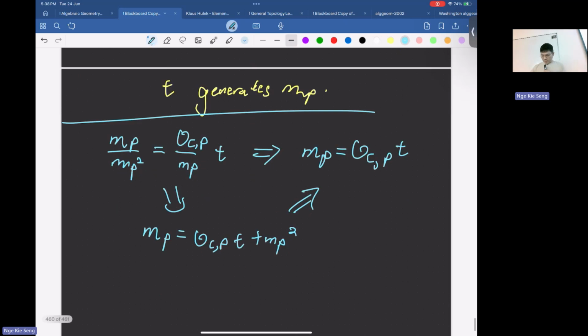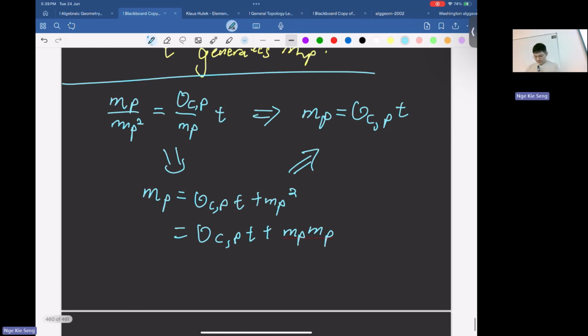How about we write it like this: OCP times T equals MP.